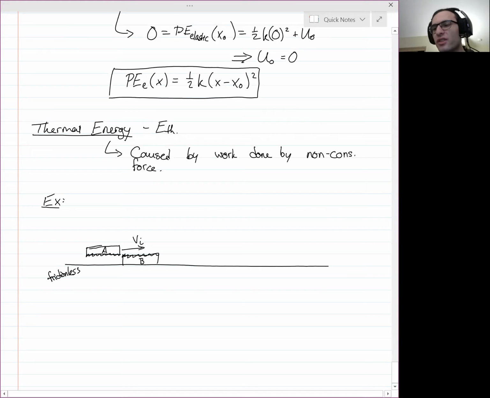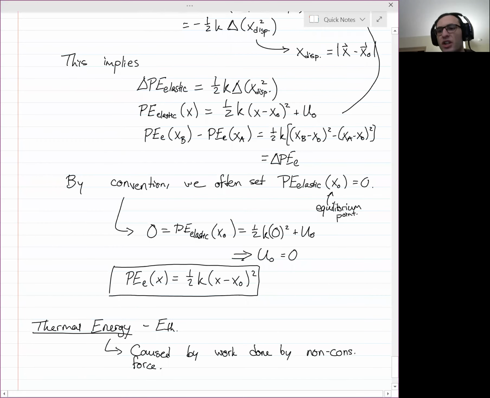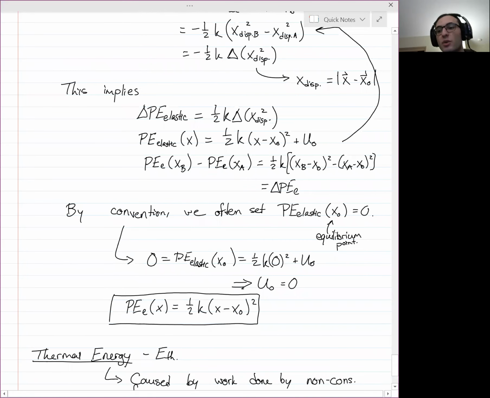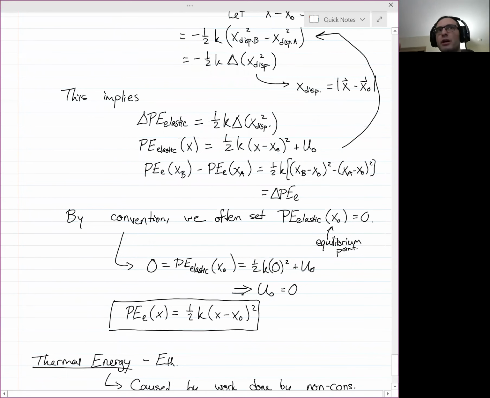So the definition of elastic potential energy, it's just spring potential energy. It is the potential energy associated with the spring force, with the elastic force. All conservative forces have potential energies. Gravity is a conservative force, so it has a gravitational potential energy. The spring force, Hooke's law, is a conservative force, so it has an associated potential energy as well.